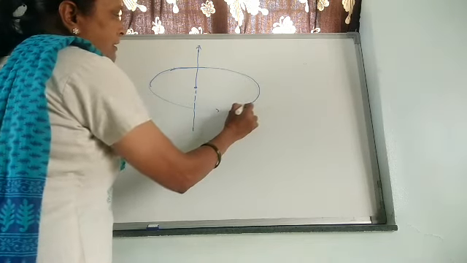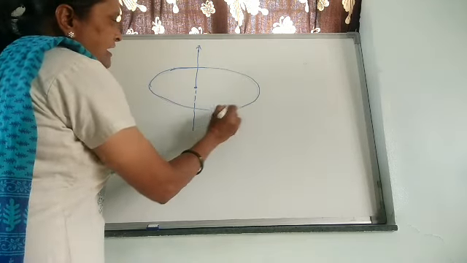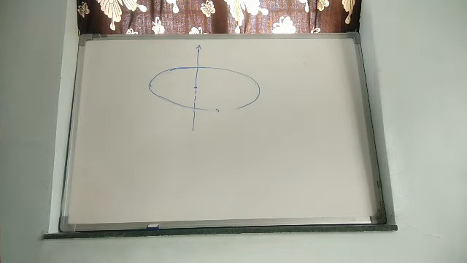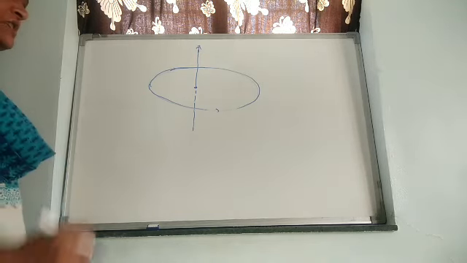For that purpose, I have said that an object is said to be a ring when mass is uniformly situated on the circumference of a circle. This is a two-dimensional object having a very negligible thickness.